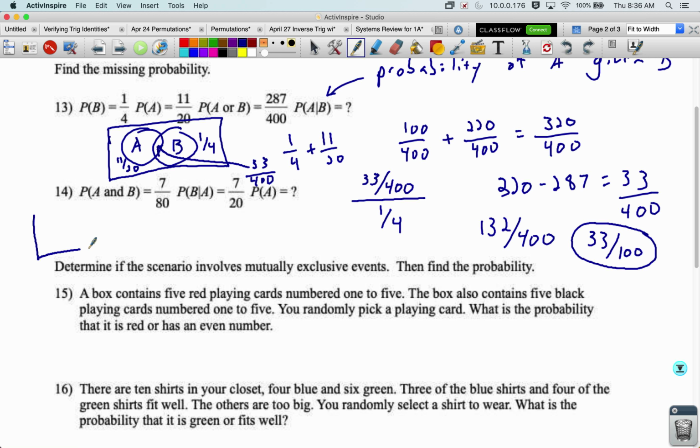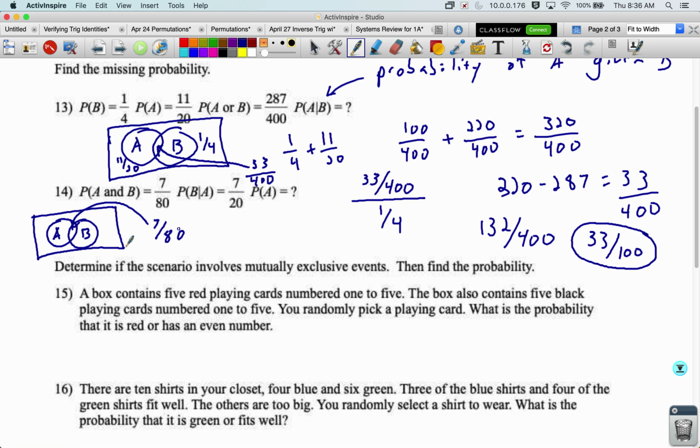So the probability of A and B. So now they're telling you the intersection. So right in there is 7 out of 80. And the probability of B given A, so let's just label this A, this B. So you're already in A, what's the probability that you're also in B?